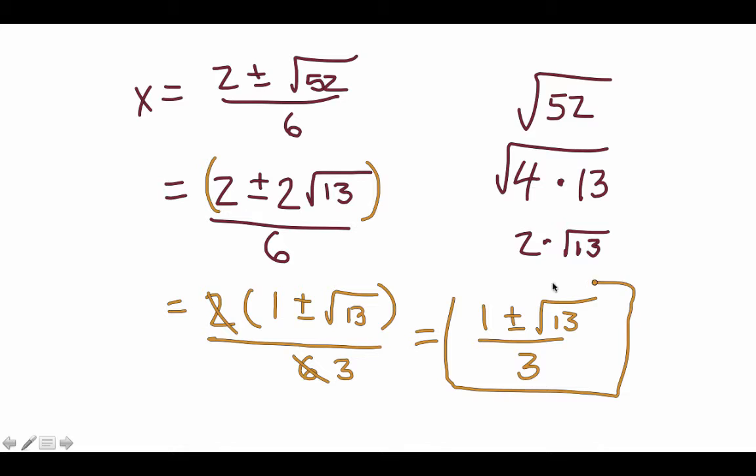There are two answers there. One answer is 1 plus root 13 over 3. The other answer is 1 minus root 13 over 3. If you wanted to know what those were as a decimal approximation, you're going to have to use a calculator. But these, I think, are fine because they're exact answers.